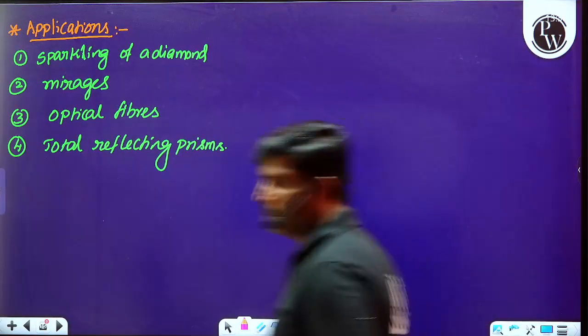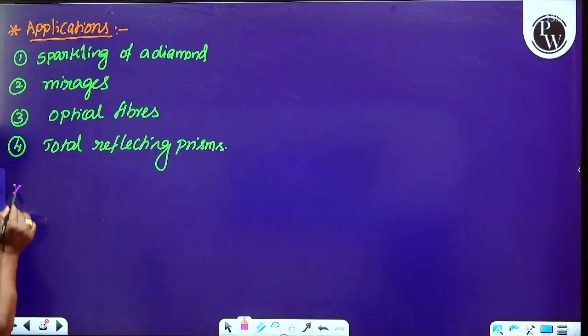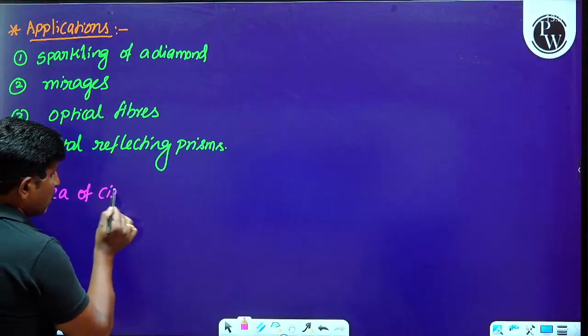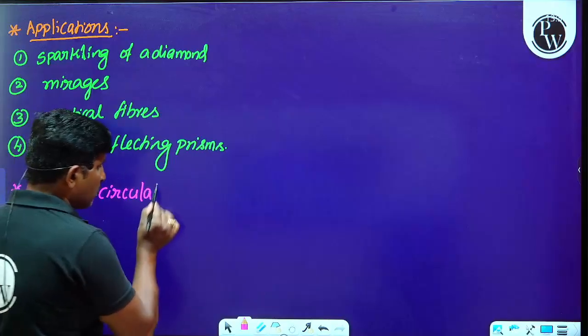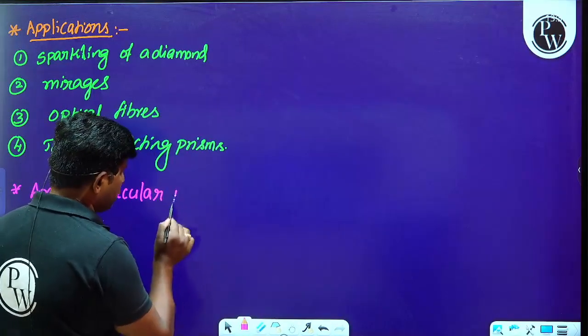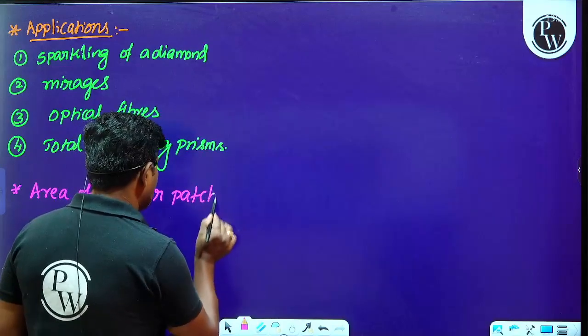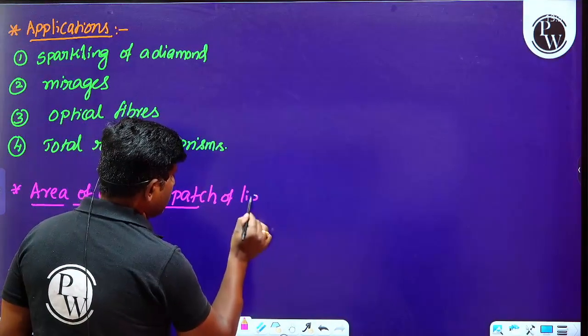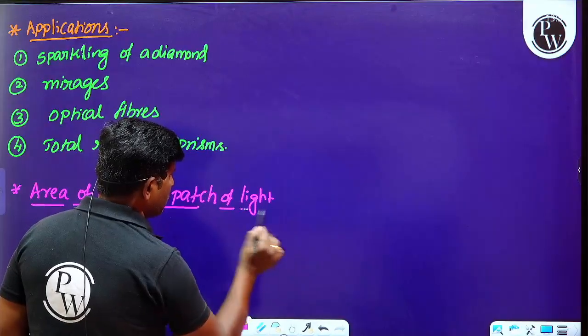One more concept is there, I will explain that. What is the area of a circular patch of light? What is the concept here? Observe this.